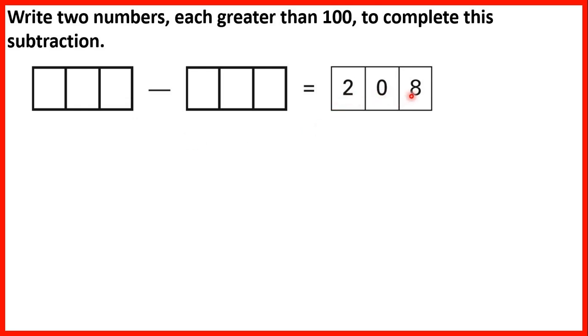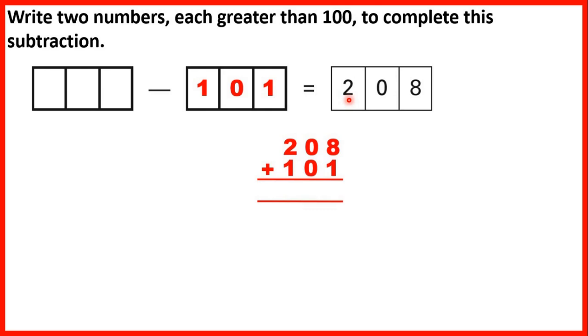So 208 plus this number here will give us this number here. And because the numbers need to be greater than 100, let's use 101 for this number here. And that means we can work out the first number of our subtraction by adding 208 and 101. So that gives us 309.